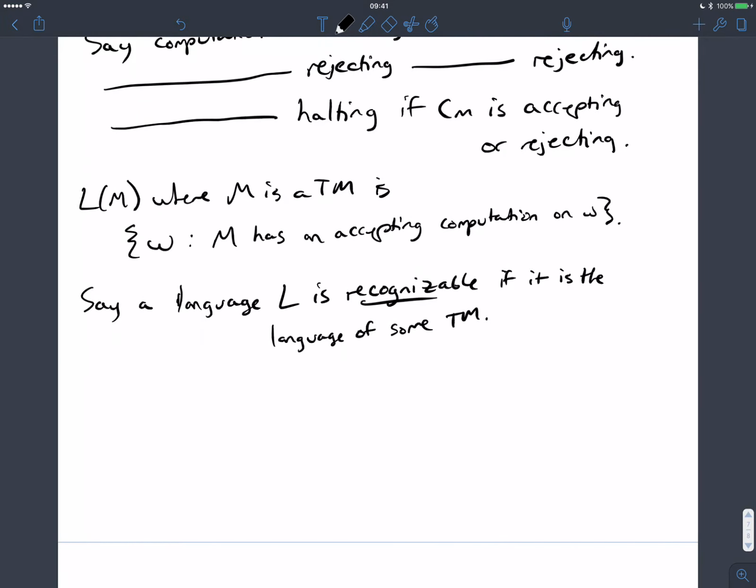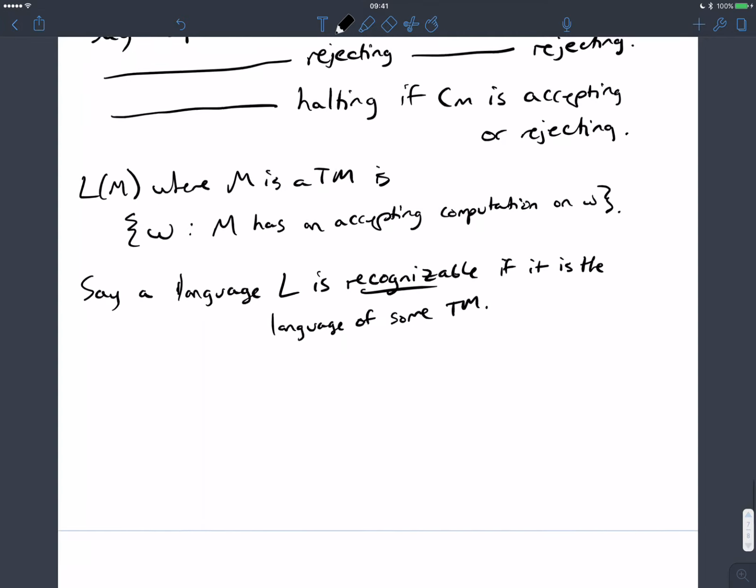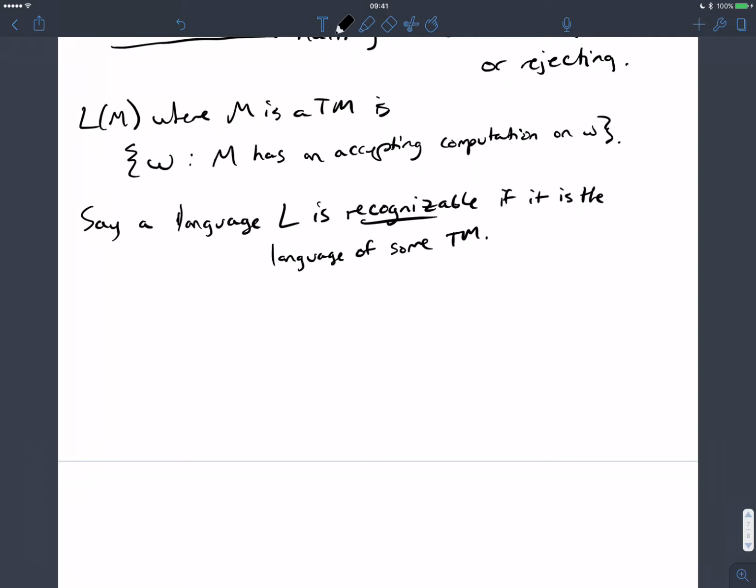So we may need to, and we will, make a distinction between machines that will halt on the strings that they do accept in the case of recognizing, or that halt on every input, which is something that we may want to think about when we're designing programs, because we want every input to halt. And it'll turn out that these two things are different. But if a TM halts on all inputs, then its language is decidable.